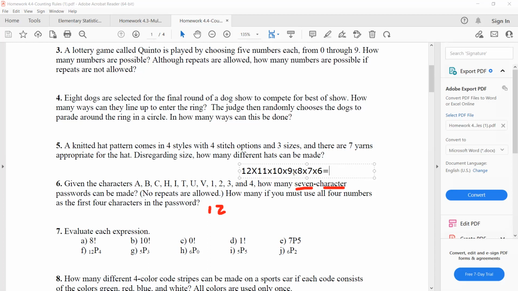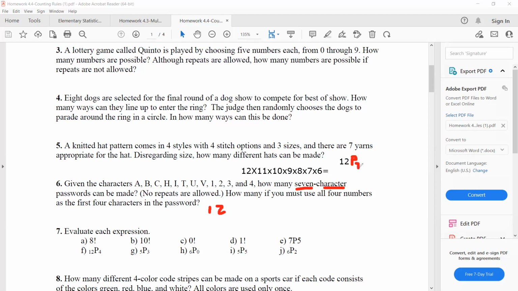Or you could write this as 12, and we could say permute it, which means choose it in order. We're choosing 7 characters, so that would be 12P7.